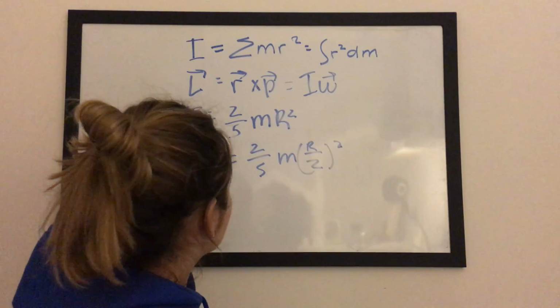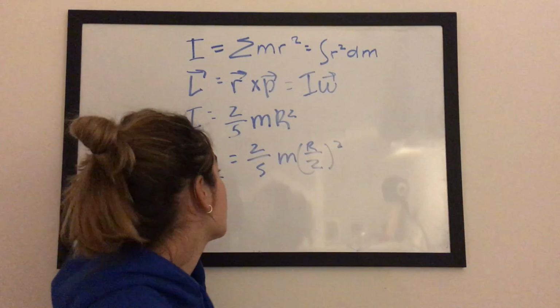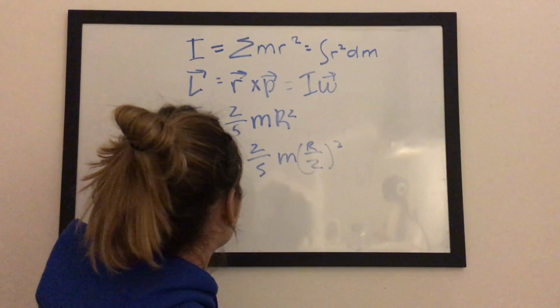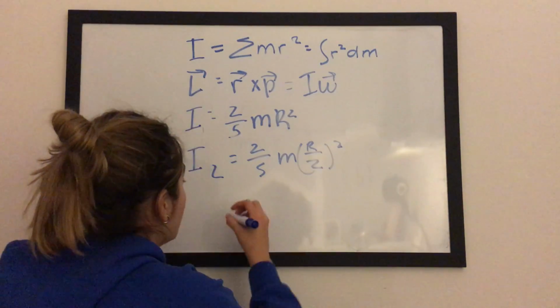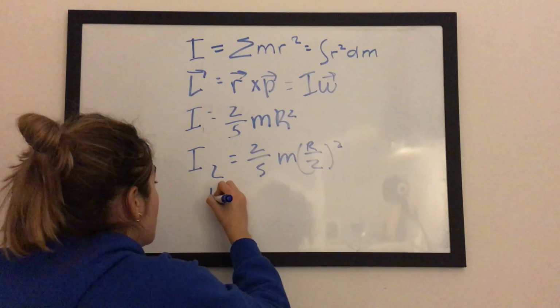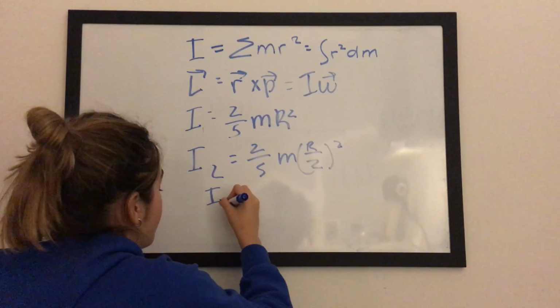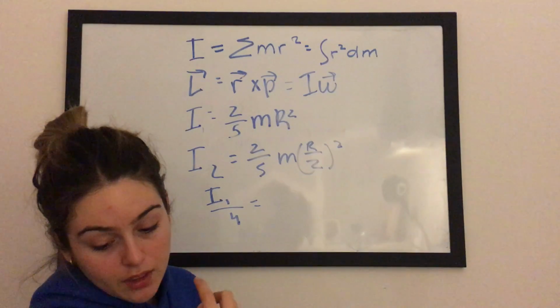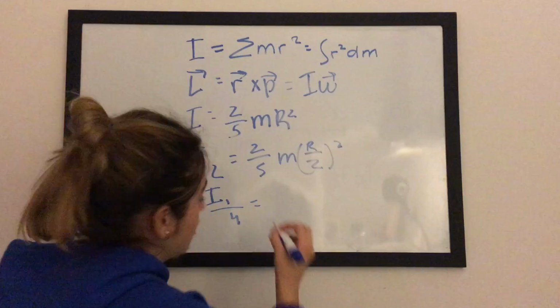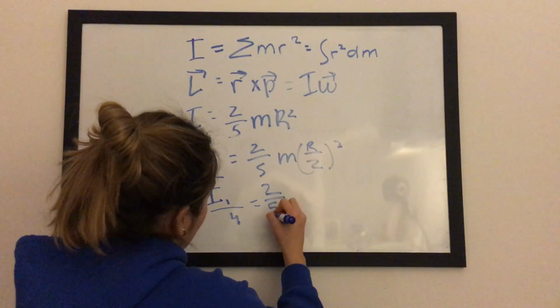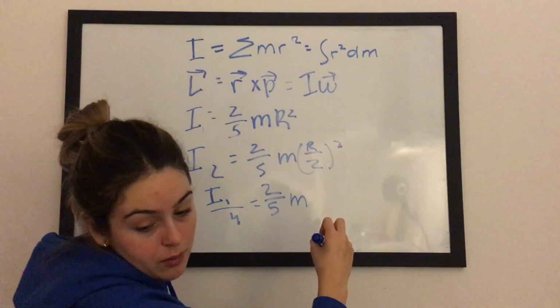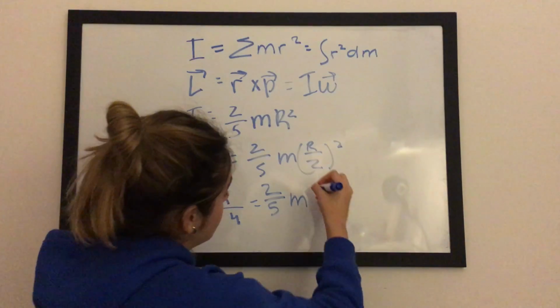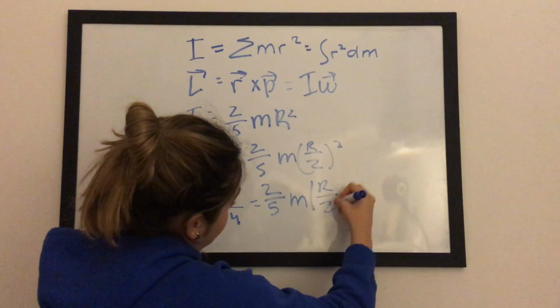If you want to relate the two, or show how they differ, essentially I1 divided by 4 is equal to I2, which is 2/5 m (r divided by 2) squared.